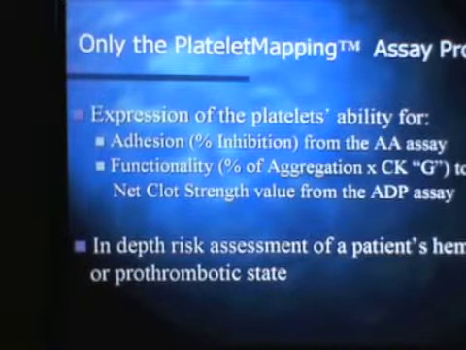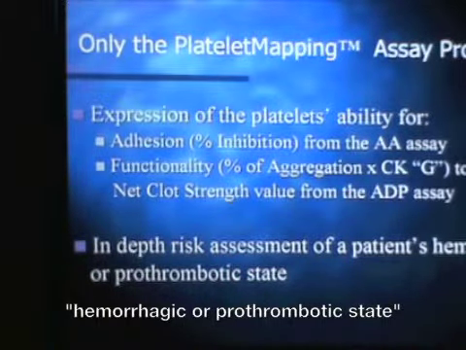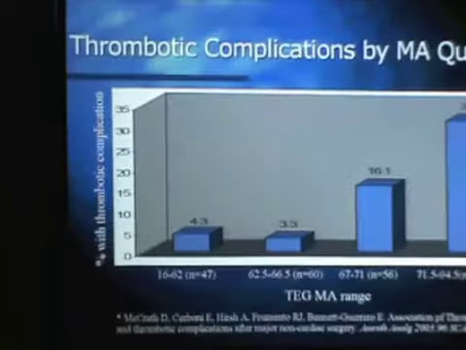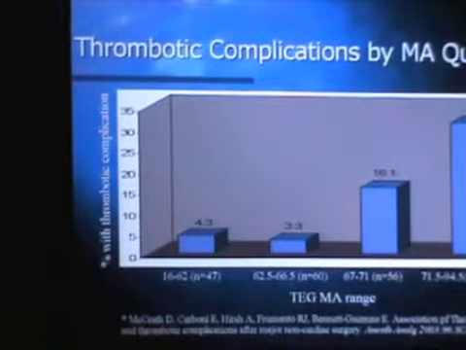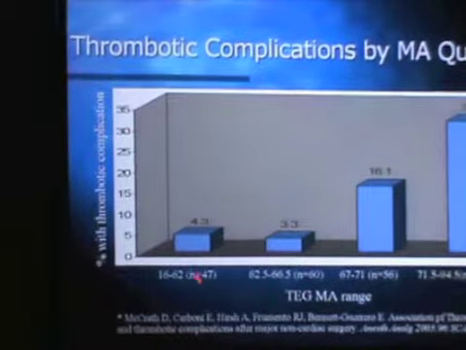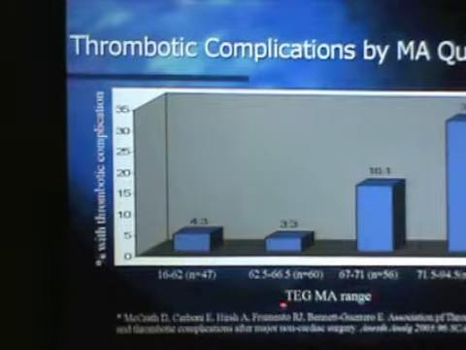Basic TEG. And so what we're doing with the functionality assay is we're using the agonist ADP. Okay? And what this test is going to give you is an in-depth risk assessment of a patient's hemorrhagic or prothrombotic state. This is a study done by Doug McCrath, and what he did is he used MAs and not Gs.